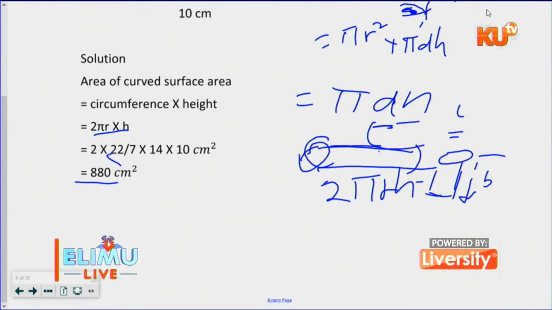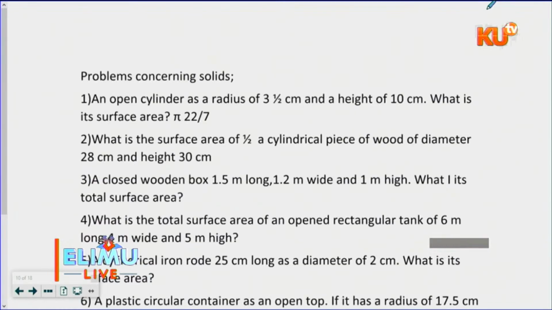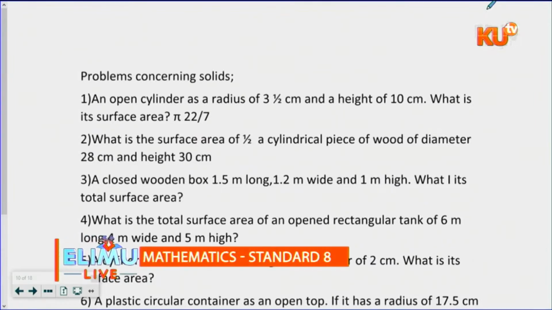Now we have some questions from my students, my pupils.